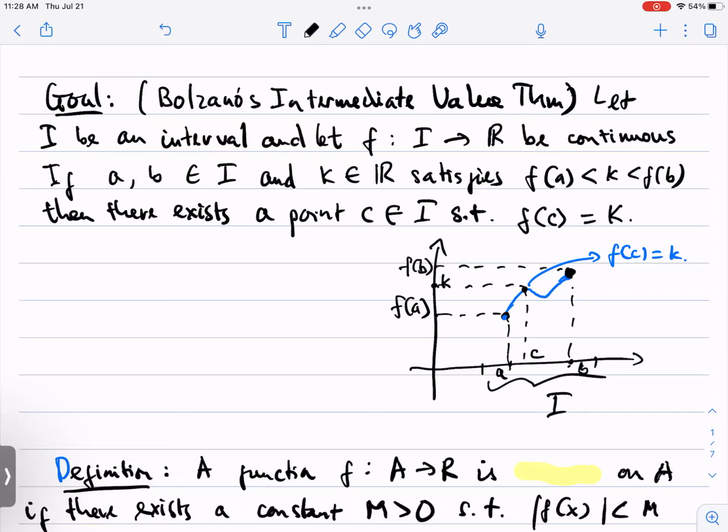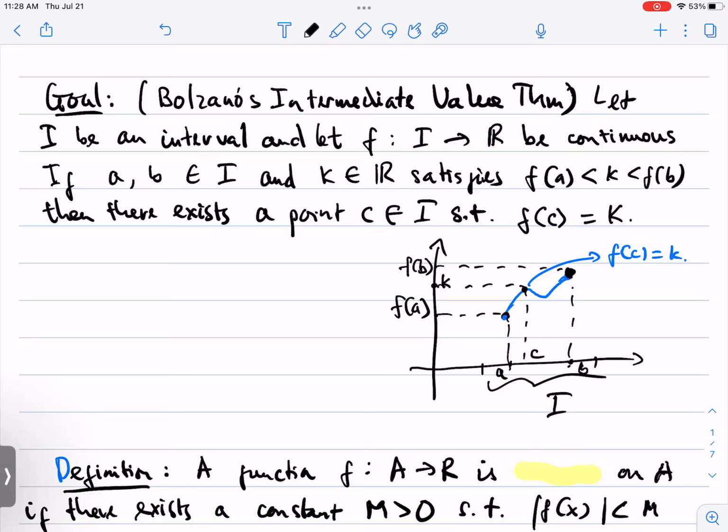So this is the mathematics of drawing a line on a piece of paper without taking the pencil out of the paper. We have a continuous function, thinking about it as represented by a curve, a continuous curve.